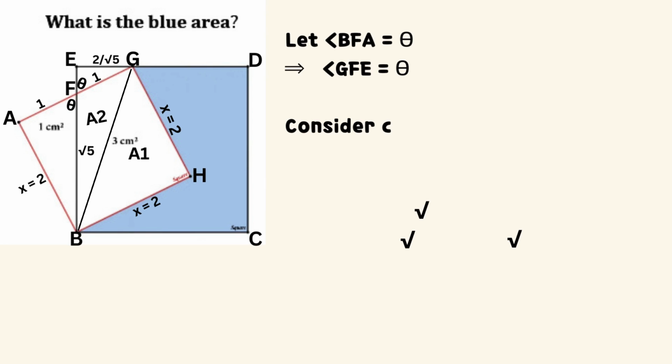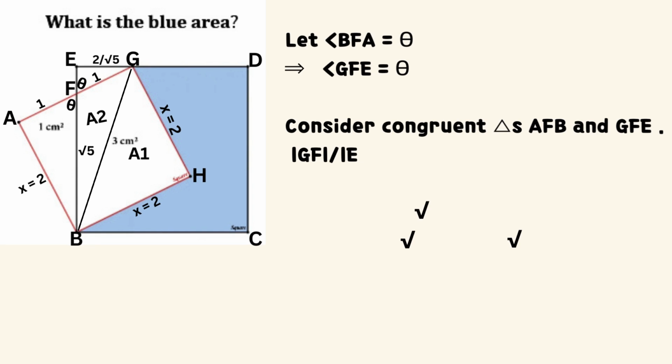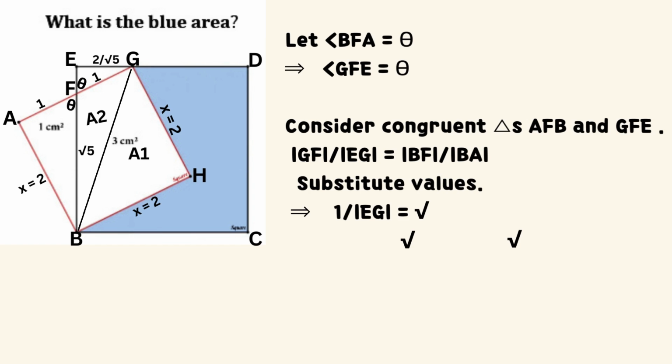let angle BFA equal theta. It follows that angle GFE equals theta. Consider similar triangles AFB and GFE. Line GF divided by line EG equals line BF divided by line BA.